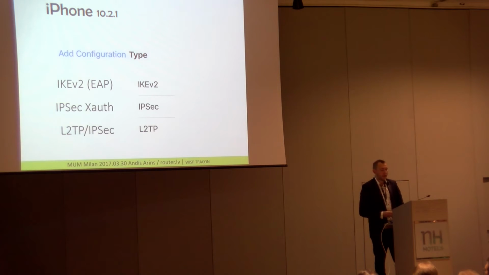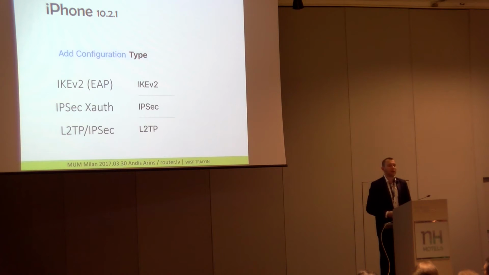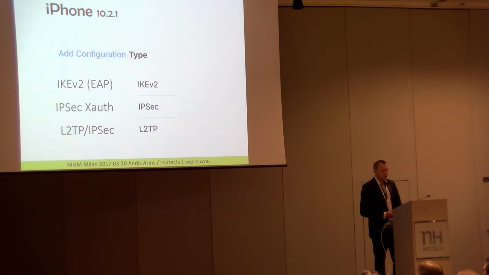So IKE2 has 2 modes, either with pure authentication, which can be both password and certificate, or EAP. At the moment, MikroTik started, just in the latest release candidates, to support EAP over the Radius server. So that's also included.